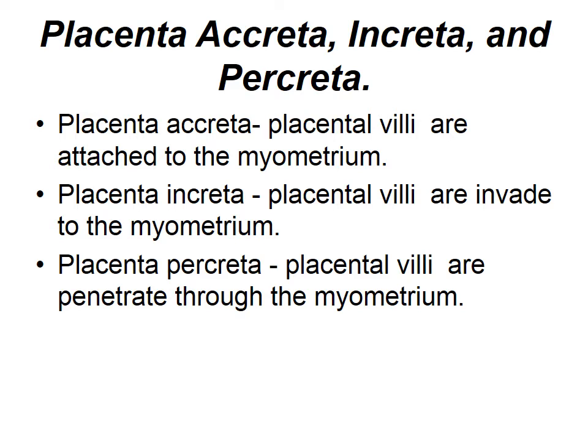Placenta percreta is a form of placenta accreta in which the placental villi penetrate the myometrium to the uterine serosa. Placenta percreta accounts for approximately 5 to 7% of all placenta accreta cases.